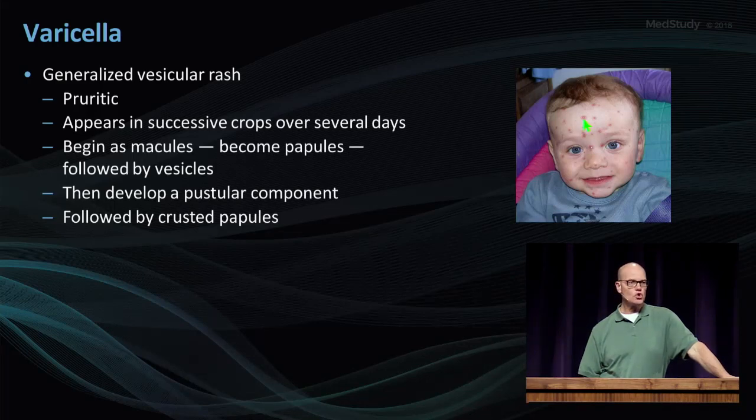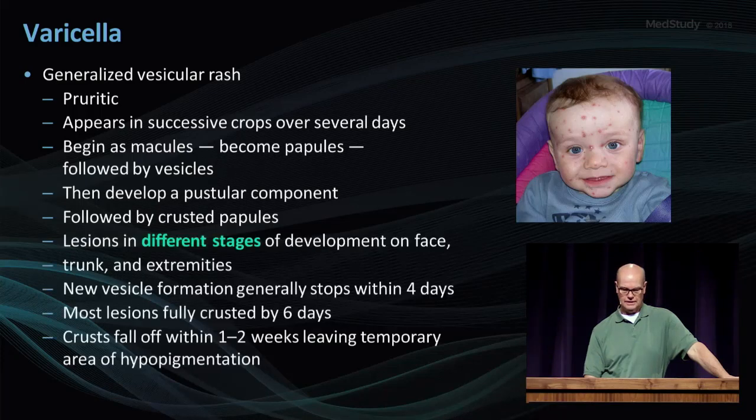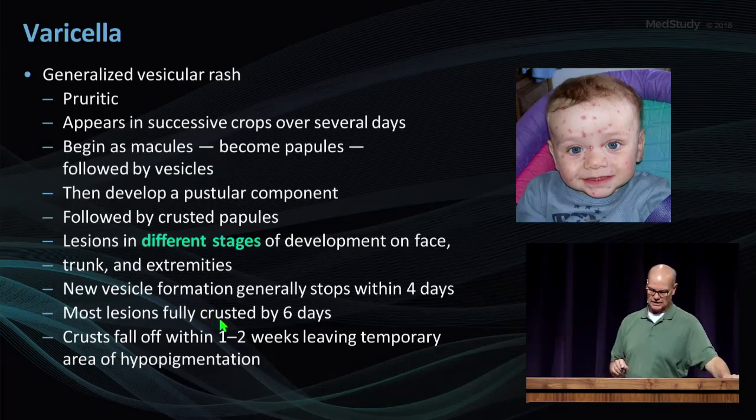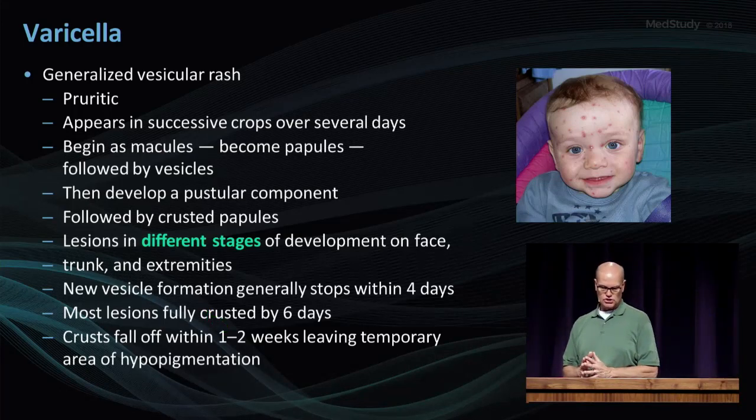The vesicles quickly become pustules, quickly become crusted, and the key in the description will be lesions in different stages. That's the buzzword for varicella. And most lesions crust and fall off within 1 to 2 weeks.